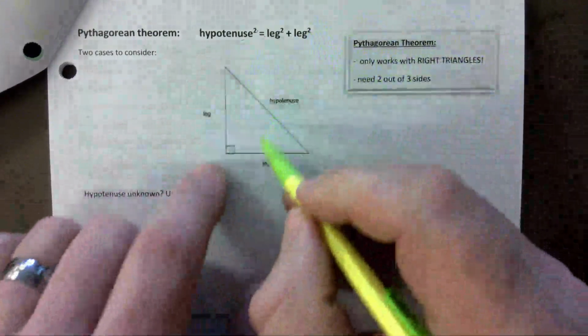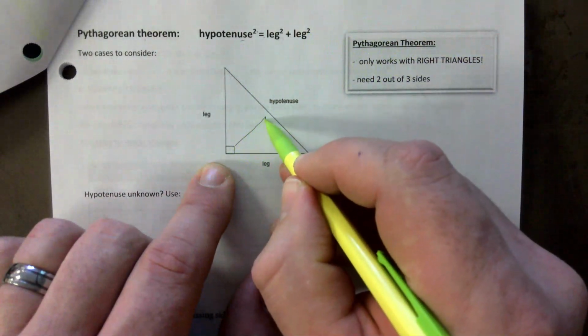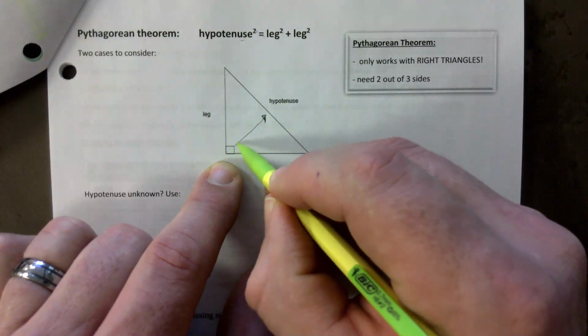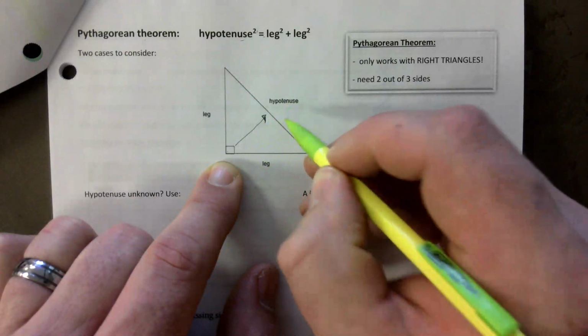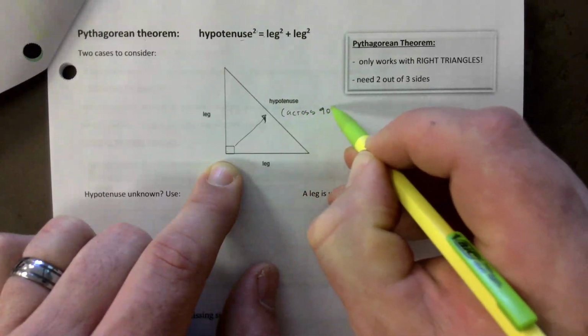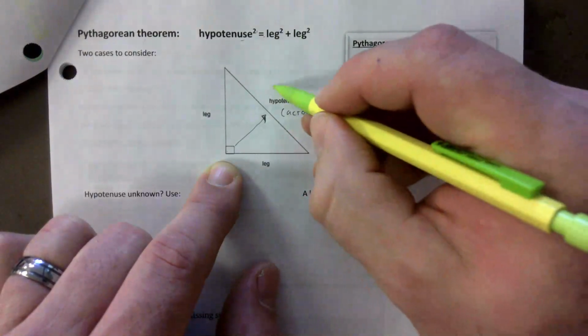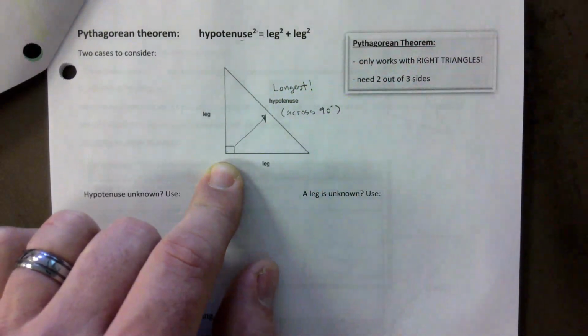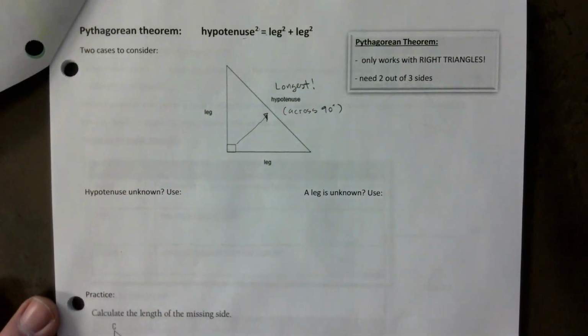So the hypotenuse is always across the 90. If you find a 90, travel across, that's the hypotenuse. Across the 90 degrees, it is also the longest side, correct? Always. So a couple of giveaways there.